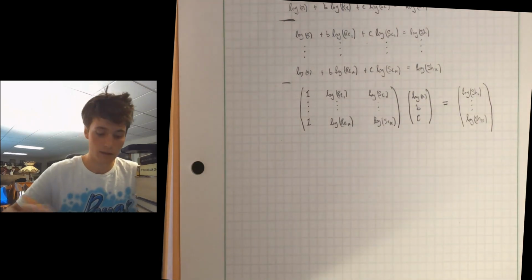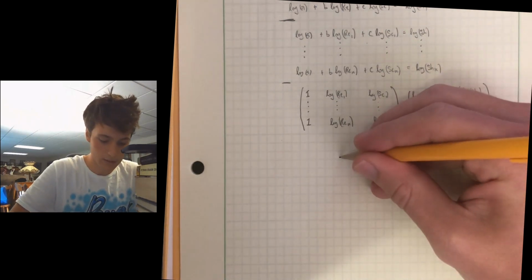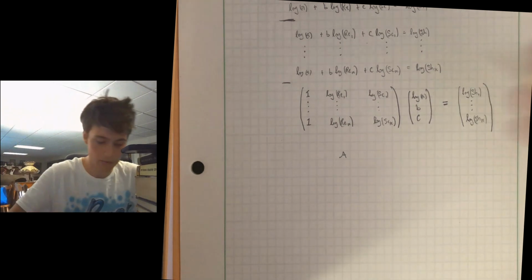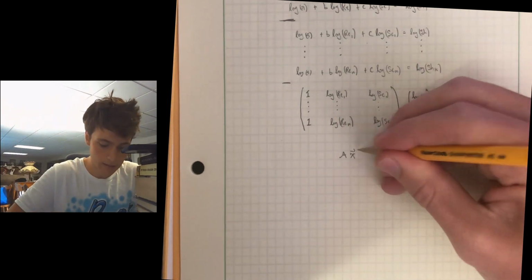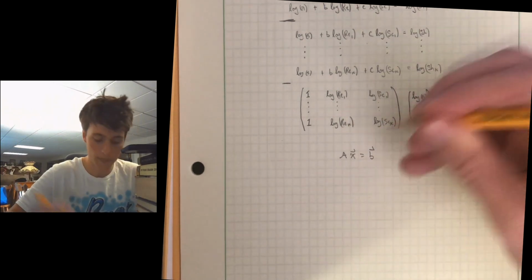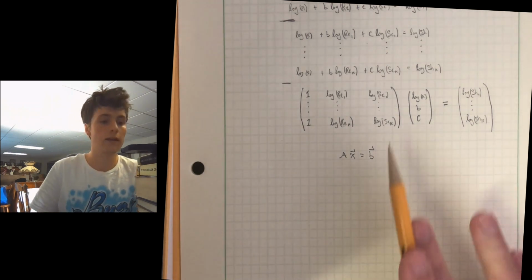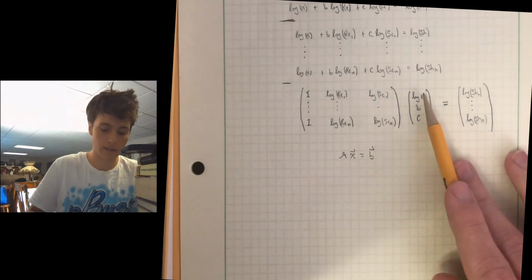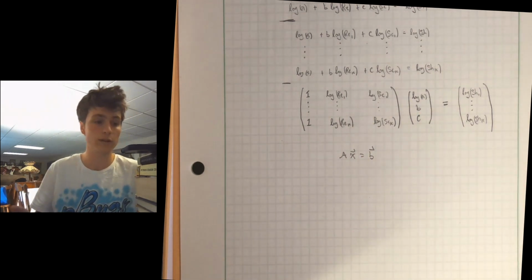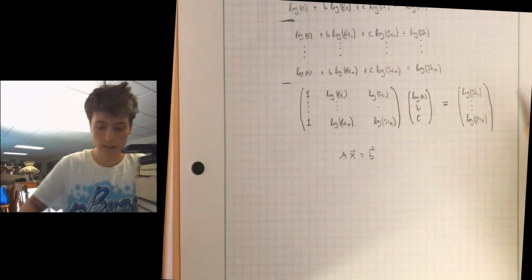If we were to just write this differently, going back to linear algebra, Ax equals b, like this. So A is this matrix here, x is log of A, B, and C, what we're trying to solve for, and b is the log of our Sherwood numbers.